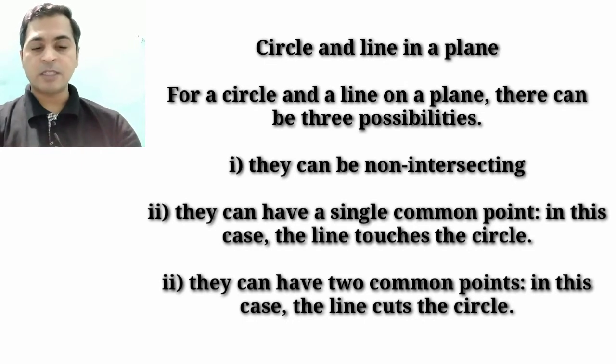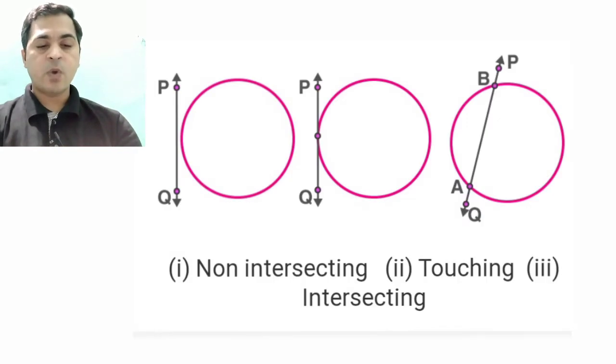So let us see in the picture. The first figure shows non-intersecting, right students? You can see that line PQ and the circle are not intersecting each other. In the second figure, students, you can see that line PQ and the circle intersect at a point, right?